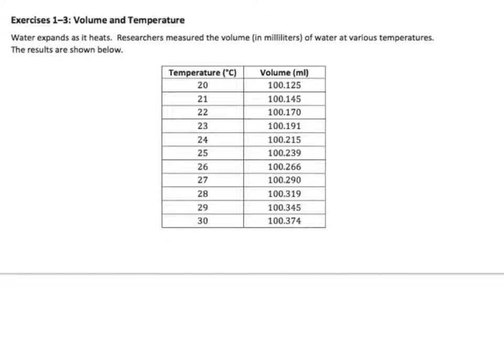Let's try this. We're going to work on drawing some plots. So get your calculators out, please. If you could work along with me and practice, that'd be fantastic. Water expands as it heats. Researchers measured the volume in milliliters of water at various temperatures. The results are shown below. First thing we're going to do is construct a scatter plot of the data using your graphing calculator.